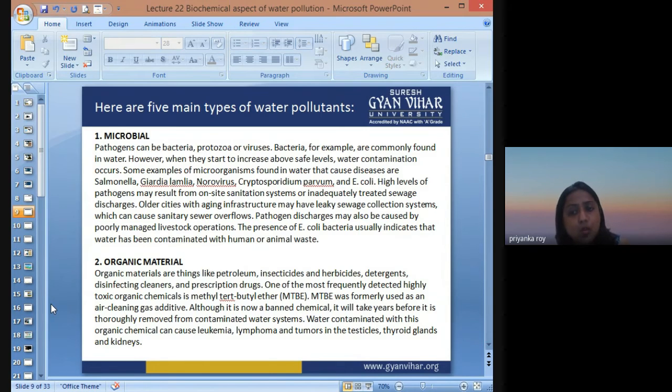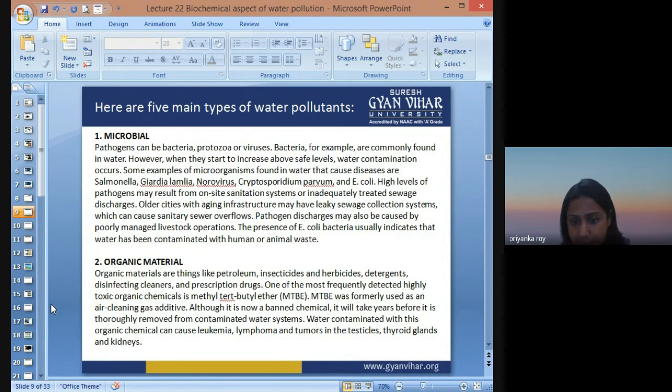system. Water contaminated with organic chemicals can cause cancers like leukemia, lymphoma and tumors in the genital areas. Thyroid glands can be inflamed, and kidneys will be affected by these chemicals.